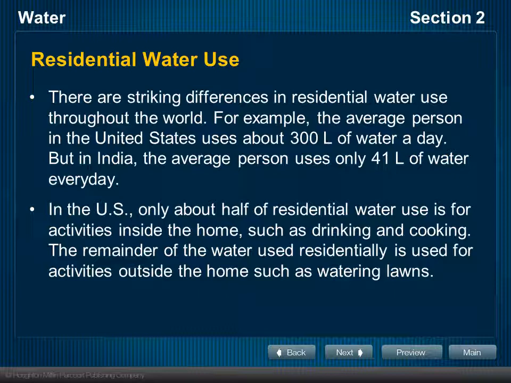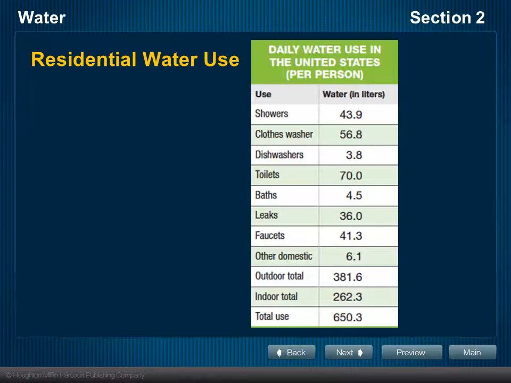They wash their cars every day. What comes with an overabundance and an overaccessibility is possibly an overuse. This table shows how the water is used in the United States per person.